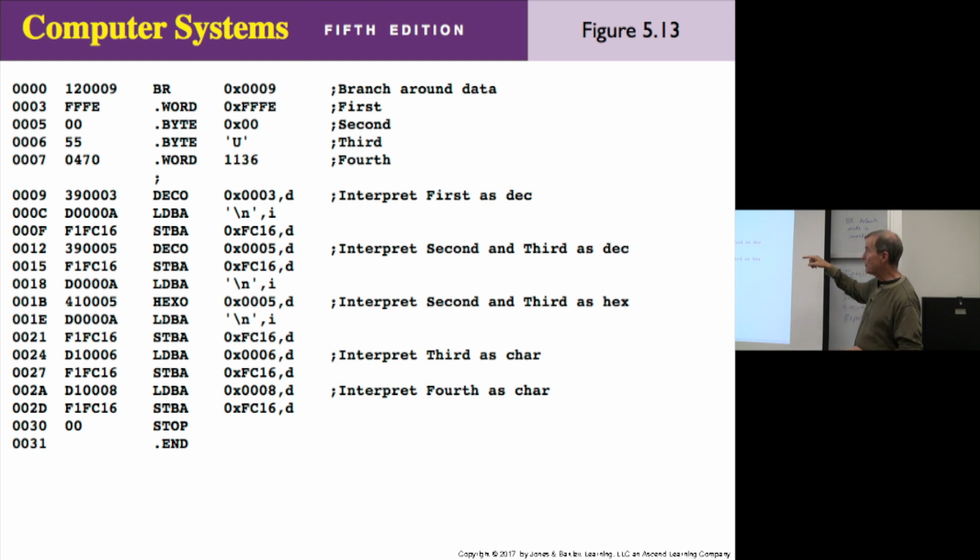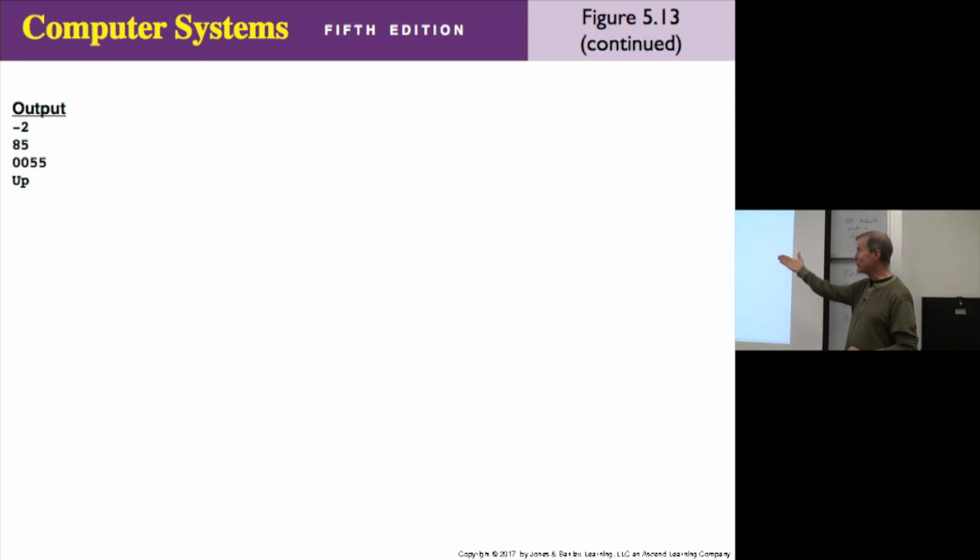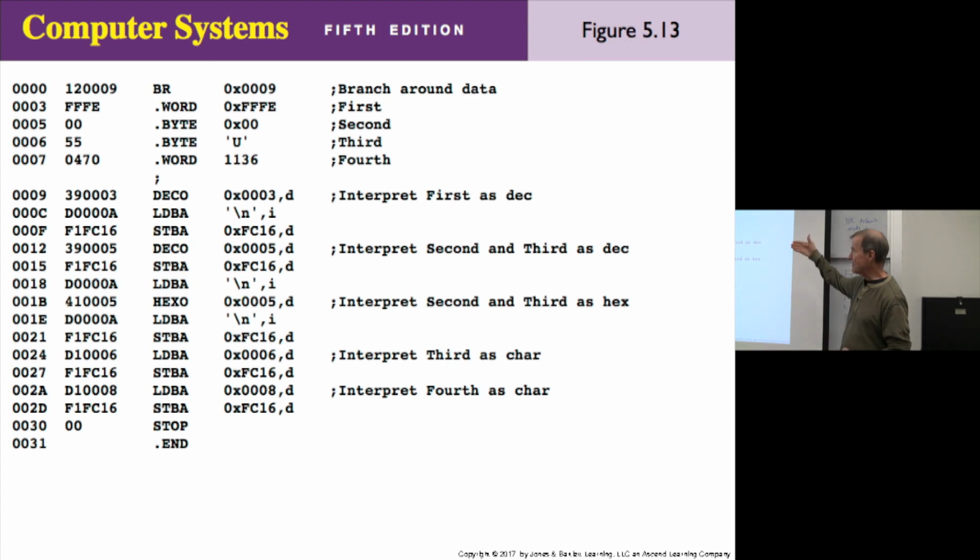So now, when we say DECO 0x0003, what do you suppose is going to come out? The decimal number at 00. And what's it going to be? FFFE. Look, it's -2. Where the heck did the -2 come from? Well, during assembly time, it translated 0xFFFE to FFFE.